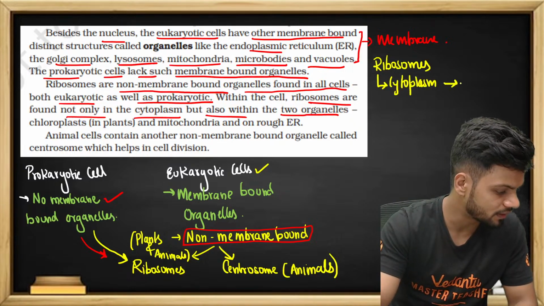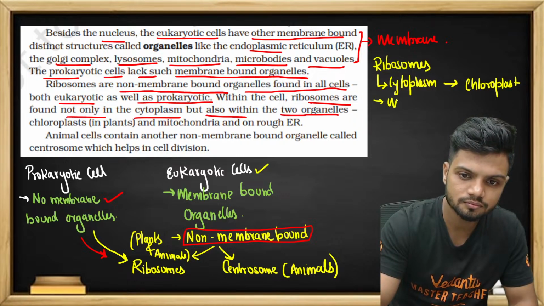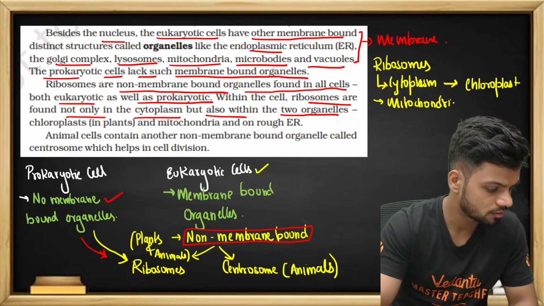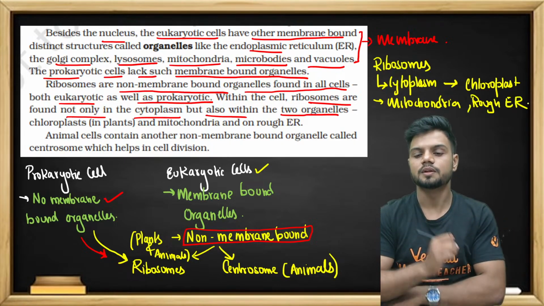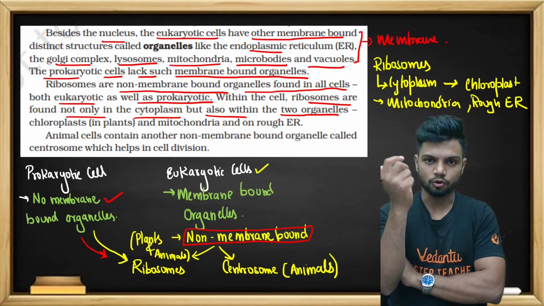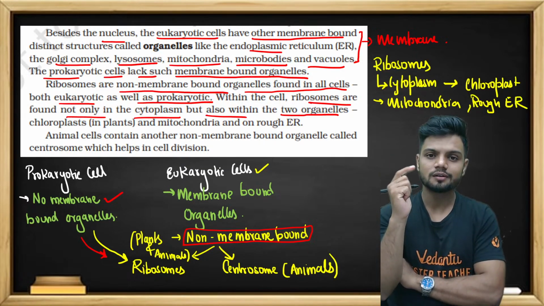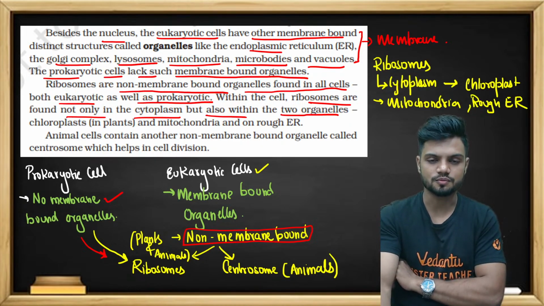It can be found in the chloroplast in the case of plants, mitochondria, and also the rough endoplasmic reticulum. All these four places: cytoplasm, chloroplast, mitochondria, and rough ER. In all these four locations, we can find ribosomes.